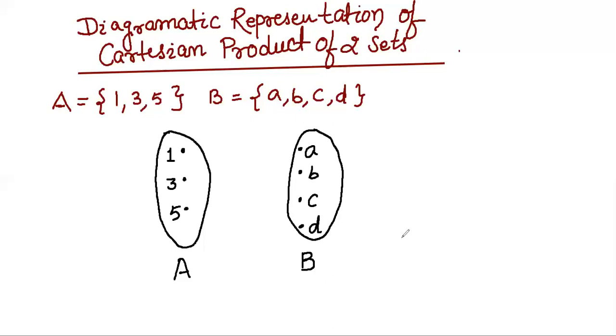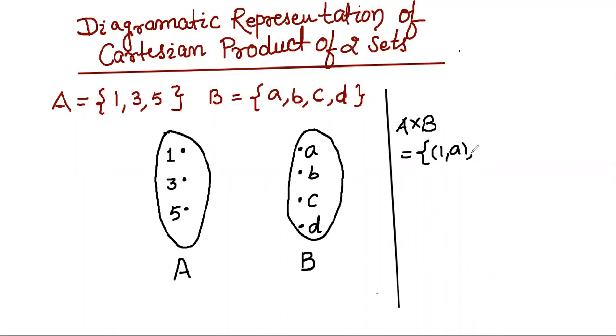After that I will use arrows for taking the Cartesian product of A cross B. We all know the Cartesian product of A cross B will be here, A cross B. This is 1a, then 1b, then 1c, then 1d.